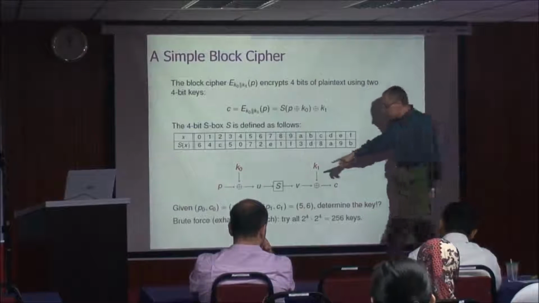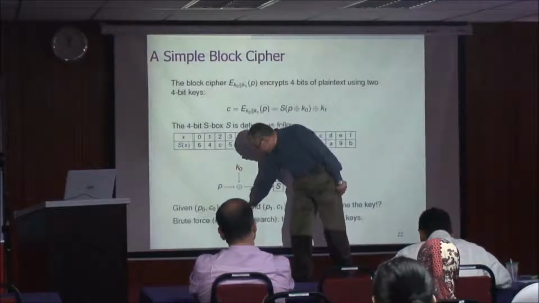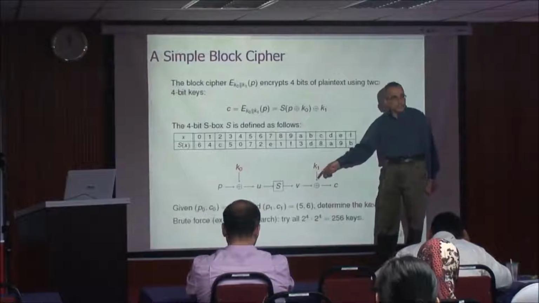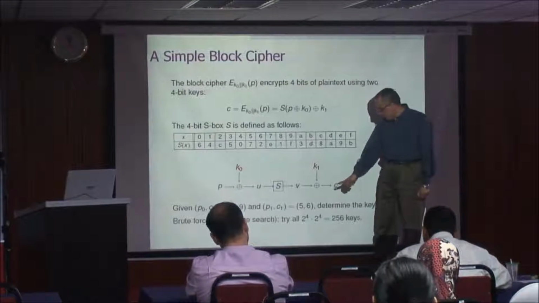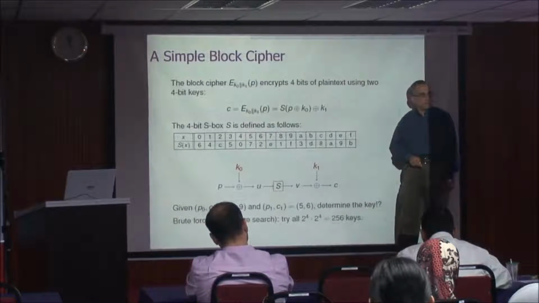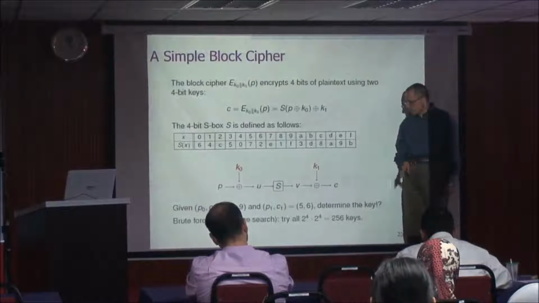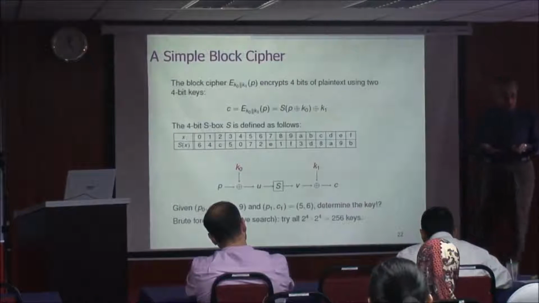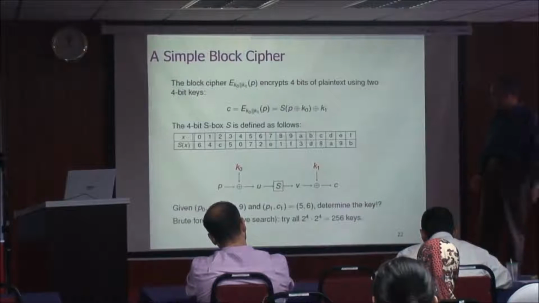For example, I tell you that when my input was A, the output was 9. The input and the output are in hexadecimal notation. And when my input was 5, the output was 6. Can I break this cipher with a smaller computational complexity?